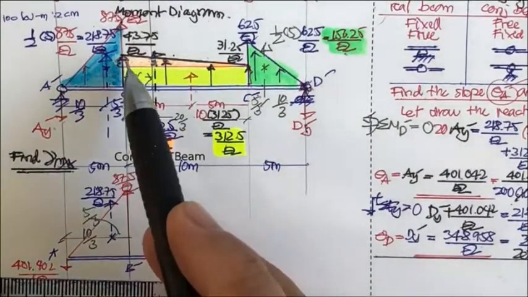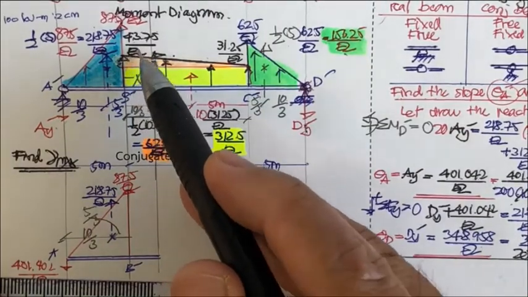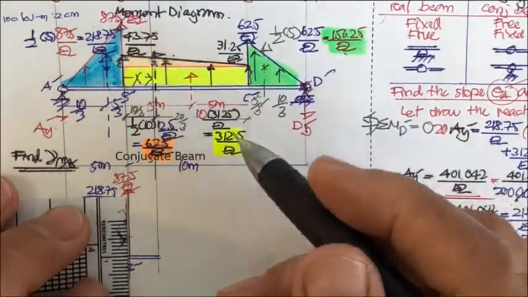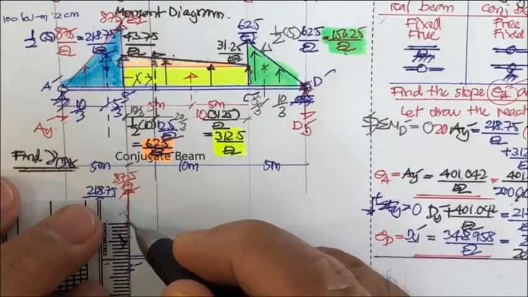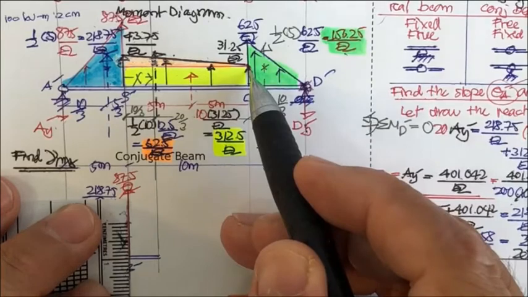And next you have this one, the 43.75, and you have this one for 31.5.